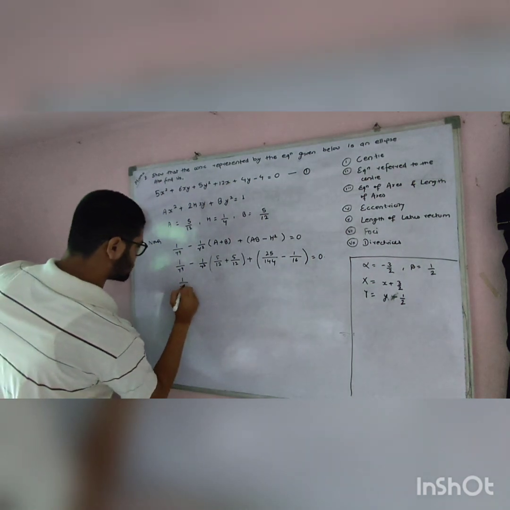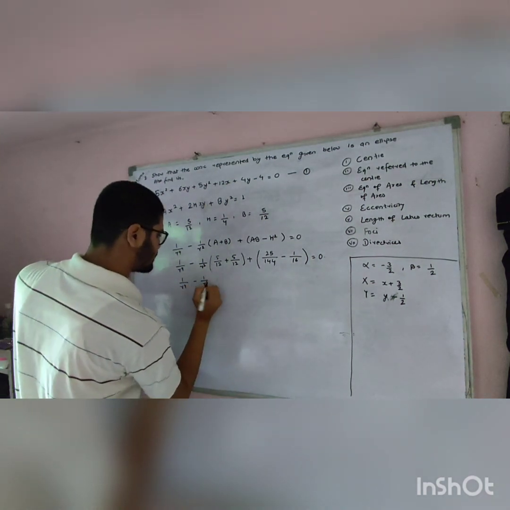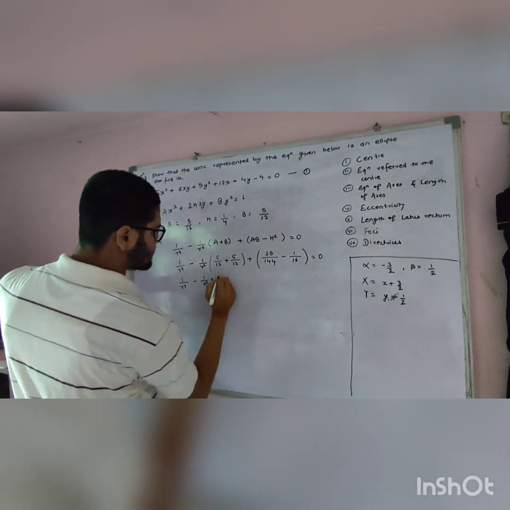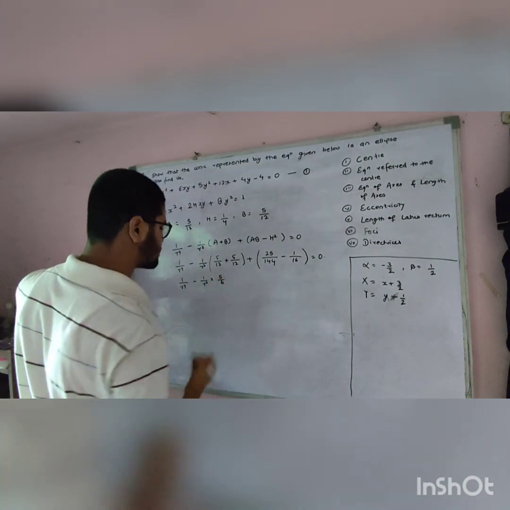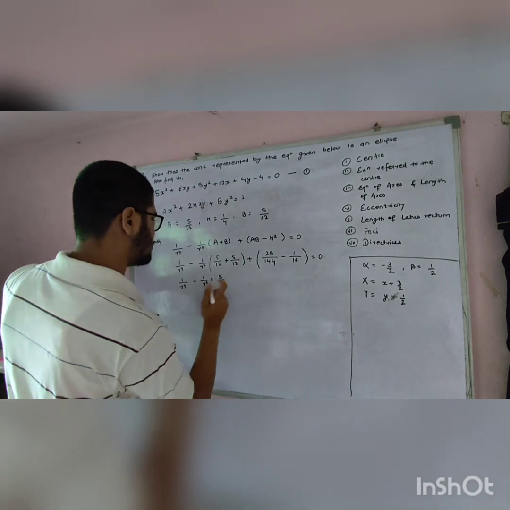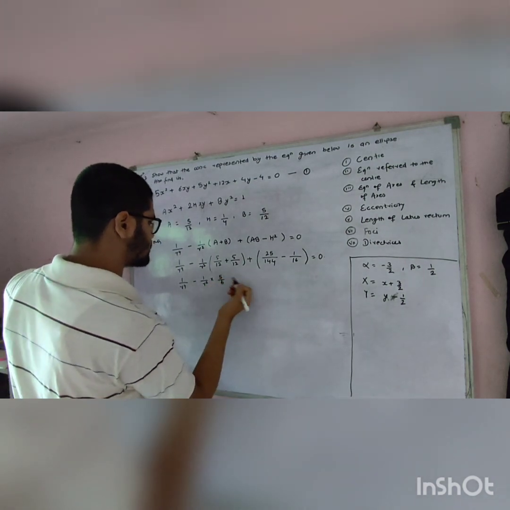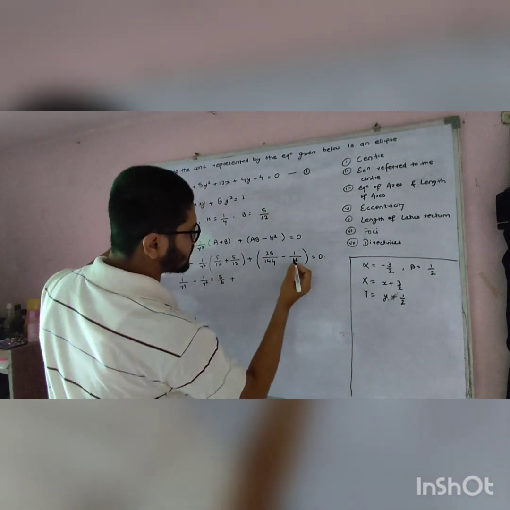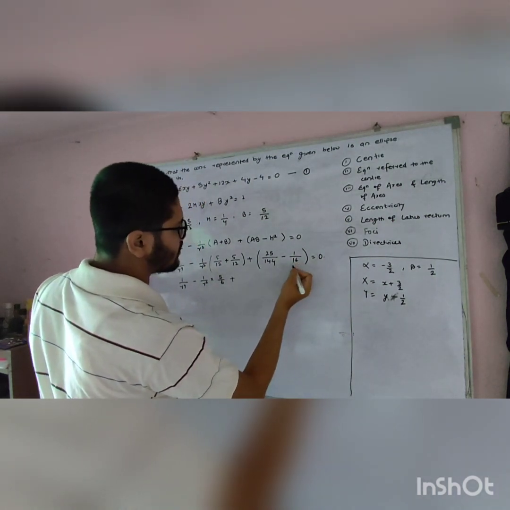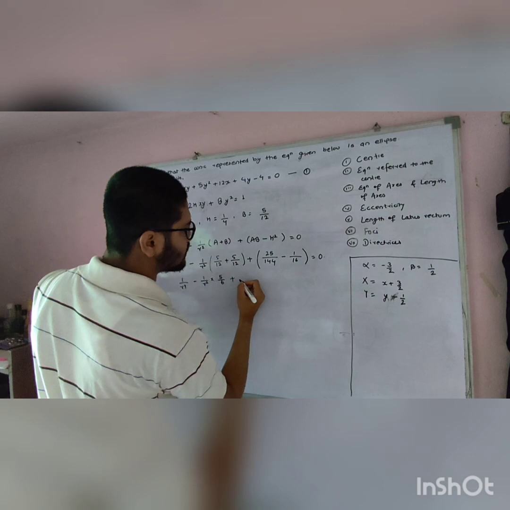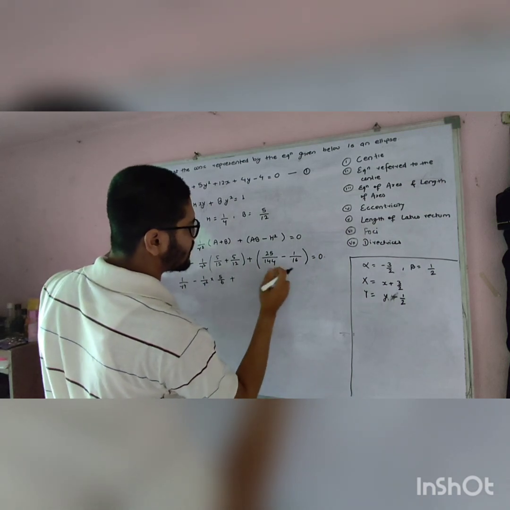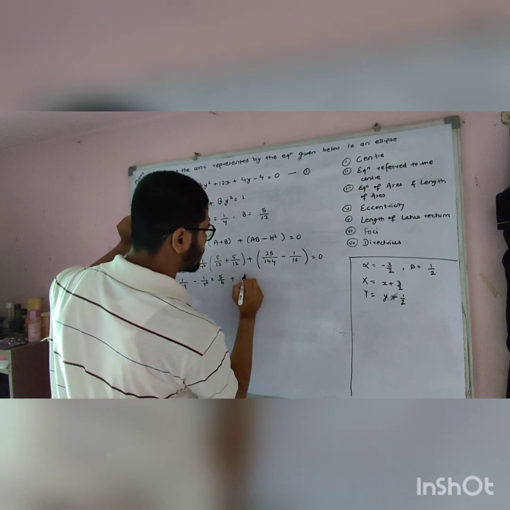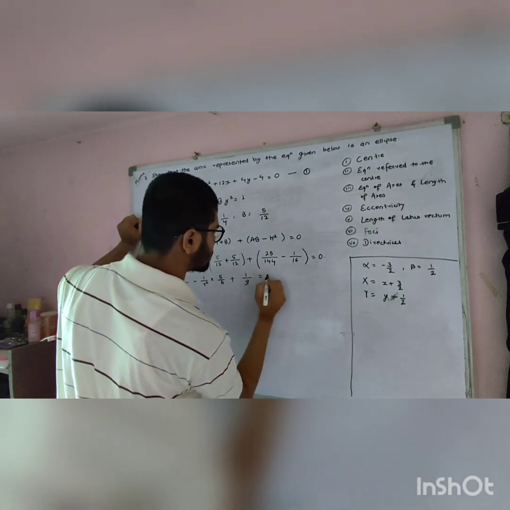So I'm further solving, it will be 1 by r square, that is 10 by 12 can be written as 5 by 6, plus it will be 5 minus 16, 1 by 9 is equals to 0.